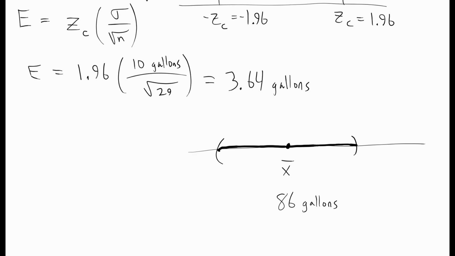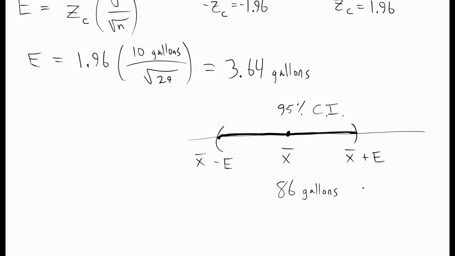We could be off by as much as 3.64 gallons for a 95% confidence interval. So over here we want to do x bar plus e, and then over here we'll do x bar minus e. So we just want to do 86 plus 3.64 and then 86 minus 3.64.